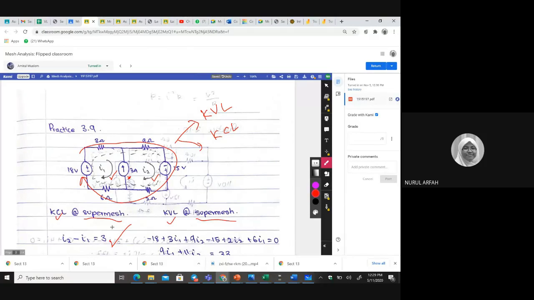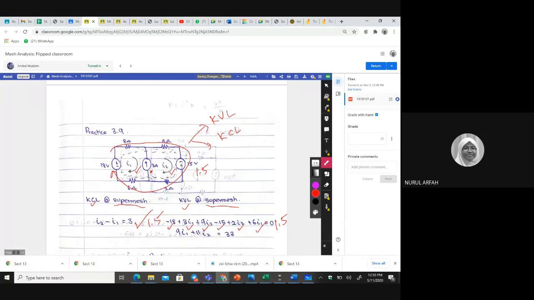And then KVL at the super mesh, the boundary, the outer loop here. Start from 18 here, so this is negative 18, correct. 3 I1, yes. Then 9 I2, yes. Minus 15, and then plus 2 I2, yes, and then plus 6 I1. Yeah, this is correct. So this is 1.5, this is also 1.5, this is also 1.5.